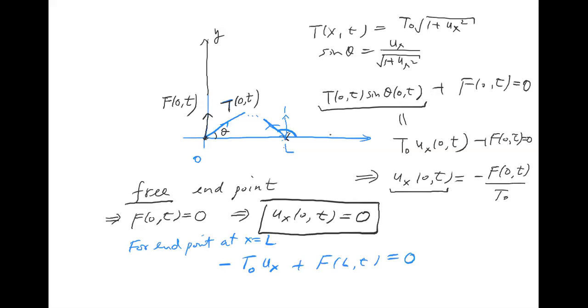Again, if it is a free end, then this is equal to 0, and you still get u sub x at that point being 0. Okay, so that's about the other type of boundary conditions. We will mainly focus on two types of boundary conditions for the vibration of string in this course. One is the fixed end, the other is the free end. Nothing else. Okay, so let's turn back here.